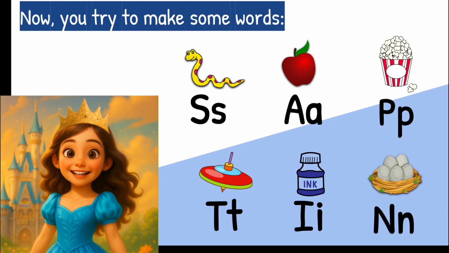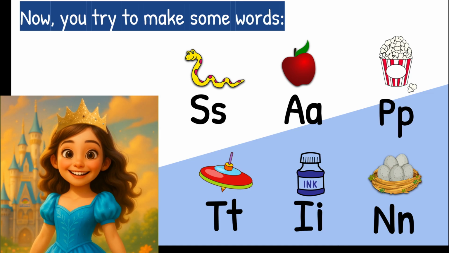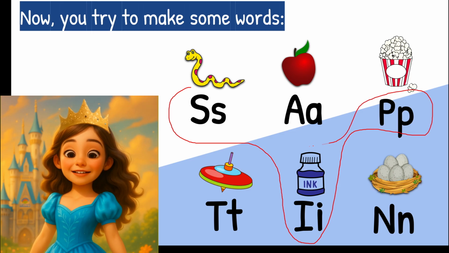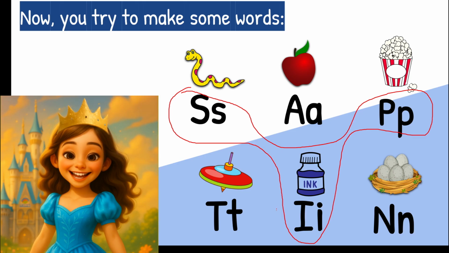Now you look at this and you try to put them together to make some words. Could be a different one, like, I say, sip. We have the s, i, p. So here, right there, we wrote another word. S, i, p, sip. Take a sip, right?